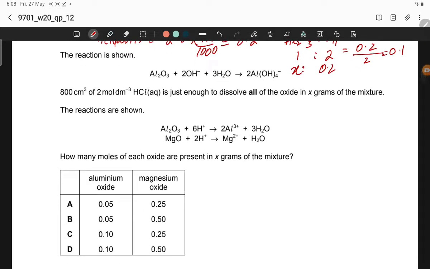Now this is HCl, which is equal to 1000, is equal to 1.6.